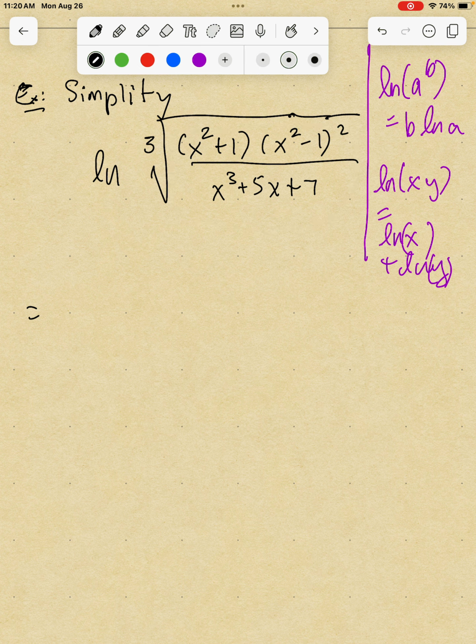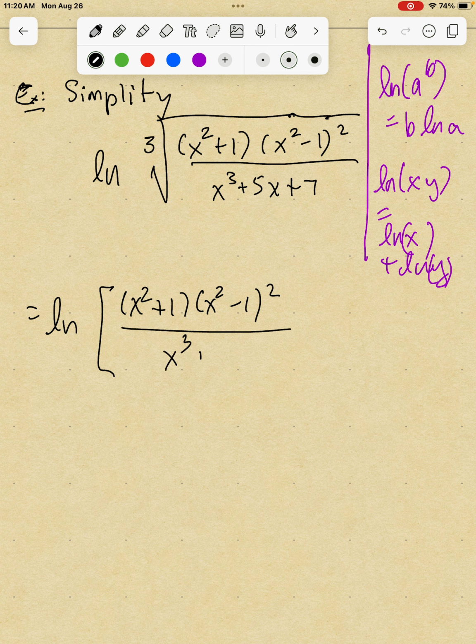So the thing that we're trying to find is the natural log of x squared plus 1 times x squared minus 1 squared over x cubed plus 5x plus 7, all raised to the 1/3. Now this thing is being raised to the 1/3, and then you take the natural log. You're not taking the natural log of this thing and then raising that to the 1/3.